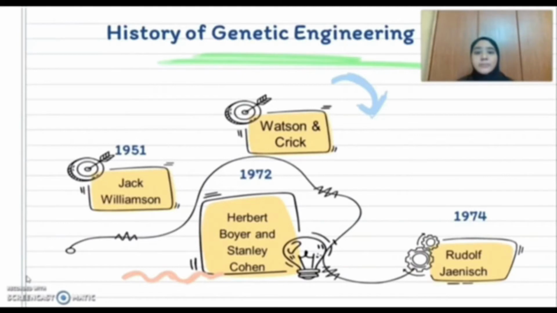So these two people discovered the molecular structure of the DNA, and in the year of 1972, Herbert Boyer and Stanley Cohen performed gene transfer experiments. And finally, in the year of 1974, Rudolf Jenisch had created genetically modified mice, and it is one of the most historical moments in the genetic engineering punya field.